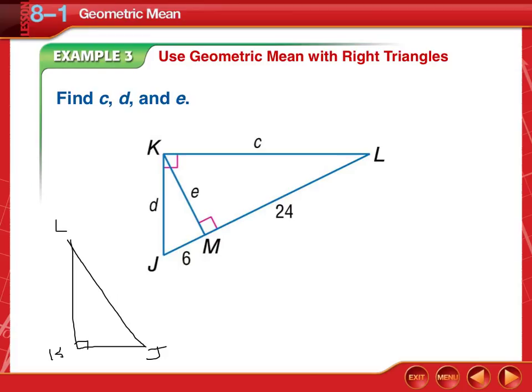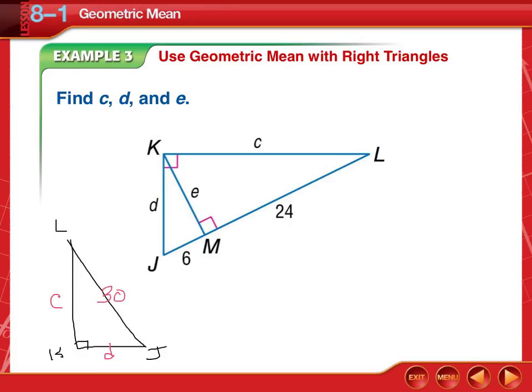So this is the original here, KLJ. I've got the right angle down in the left. Therefore, KJ is side D here, KL is C, and LJ is the length of the entire hypotenuse, which is going to be 24 plus 6, or 30. So that's our big triangle.